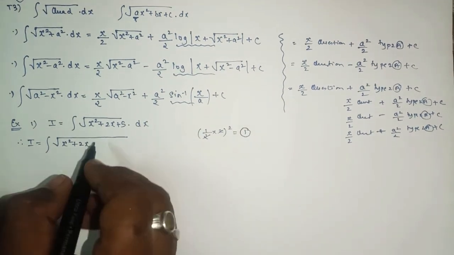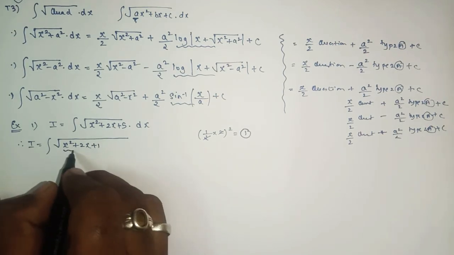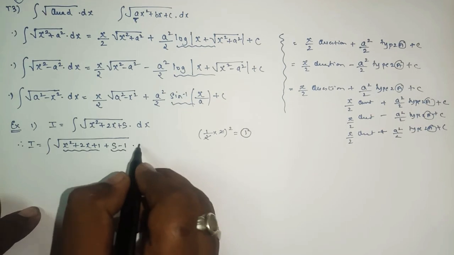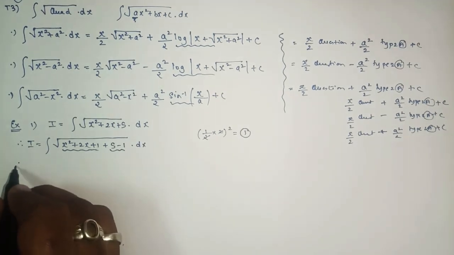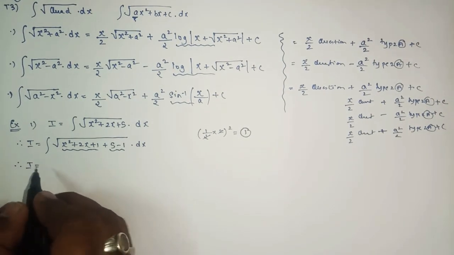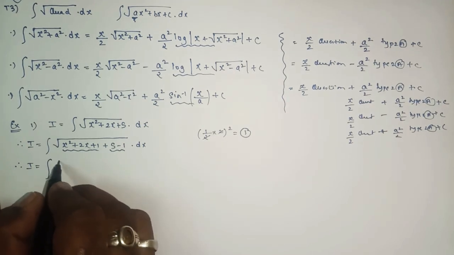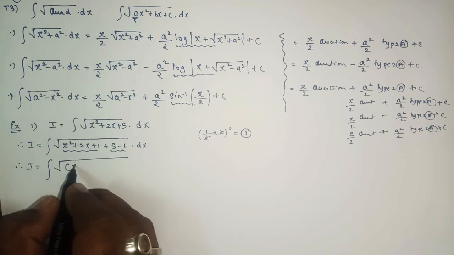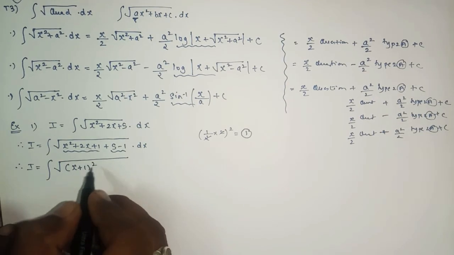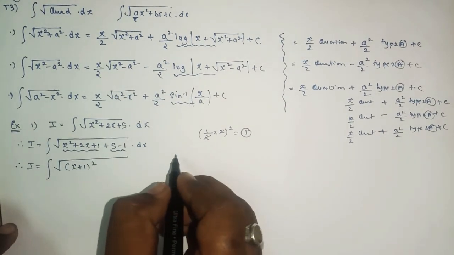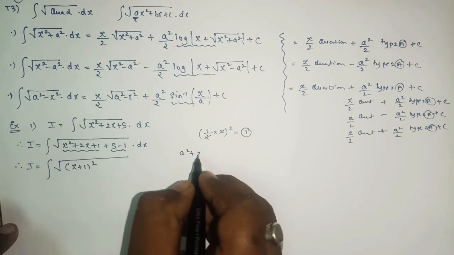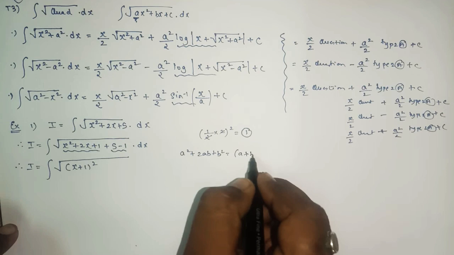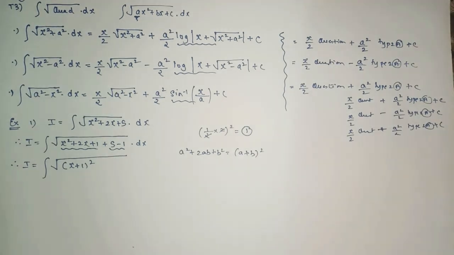What to do about this number? We have to add the number and subtract the number, yes or no, into dx. So the next part will be I equals integral root, which we can write as x plus 1 the whole square, as this section looks like a square plus 2ab plus b square, which we can write as a plus b the whole square.